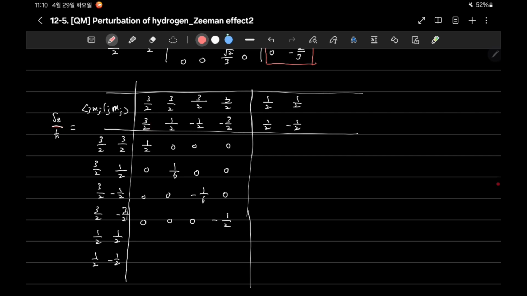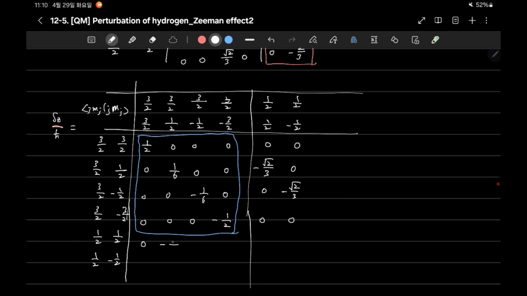It is the j equal to 3/2 subspace. The other term is 0, 0, minus square root 2/3, 0, 0, minus square root 2/3, 0, 0, and 0, minus square root 2/3, 0, 0, 0, 0, minus square root 2/3, 0, minus 1/6, 0, 0, 1/6.